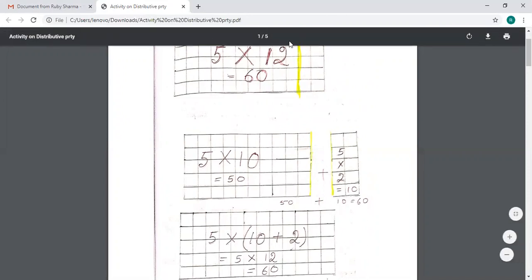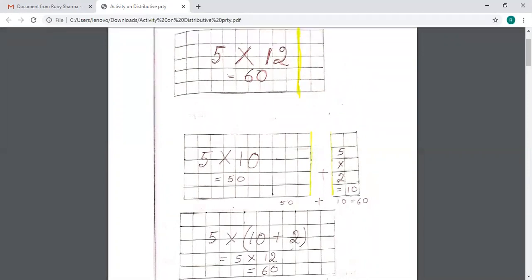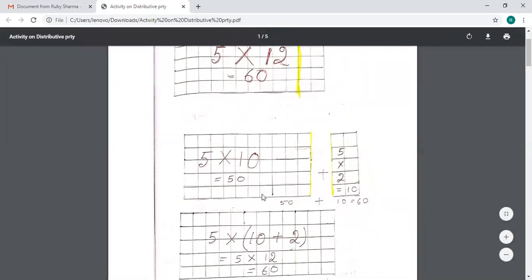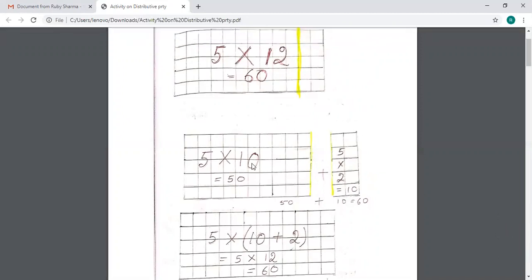So 5 into 12 can be written as 5 into 10 plus 2 also. And I'm getting 60 squares here also. So whether I write 5 into 12, I write 5 into 10 plus 2, or I write 5 into 10 plus 5 into 2, I get the same answer.